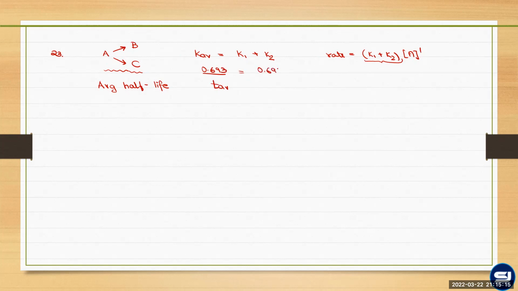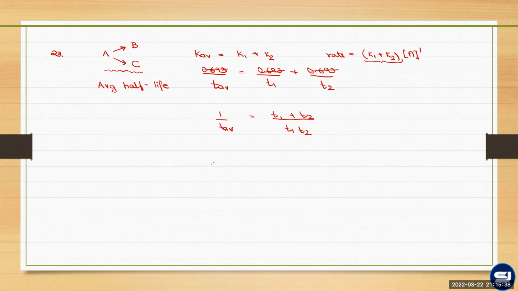Yes, sir. K1 can be written as 0.693 by T1 and K2 can be written as 0.693 upon T2. Understood? So 1 upon T average is equal to T1 plus T2 upon T1 T2.